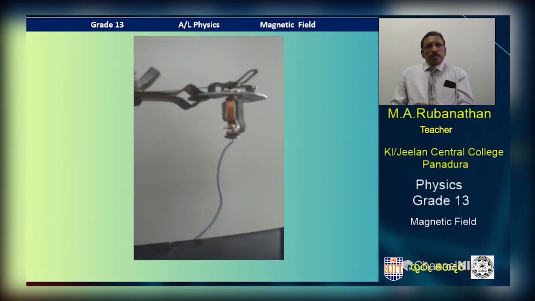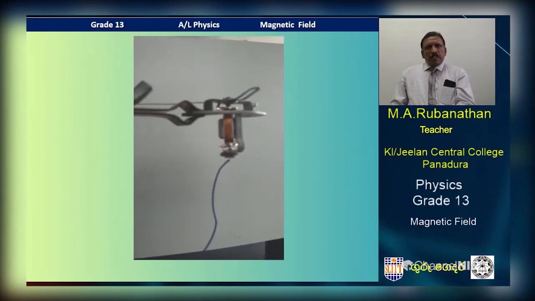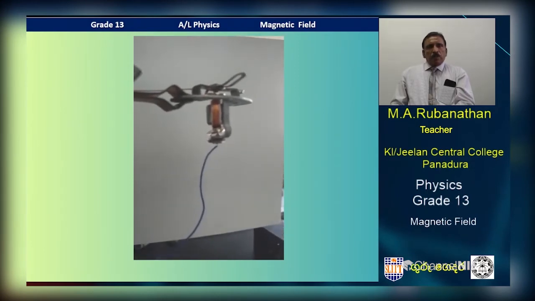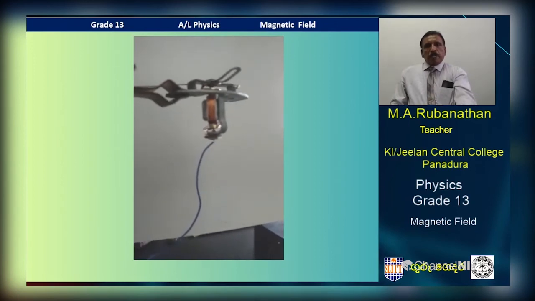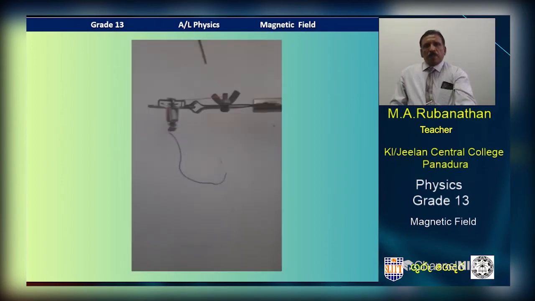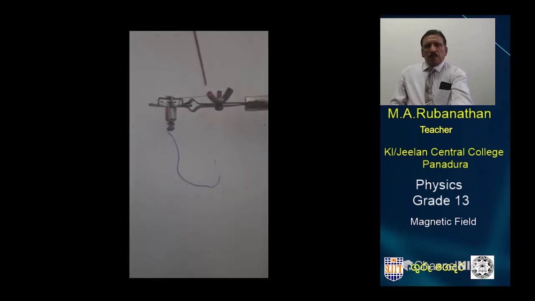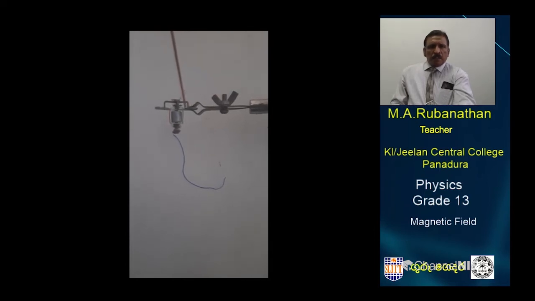Here you see the hairspring and the rectangular coil, and when the pointer moves, you can observe the deflection of the coil.